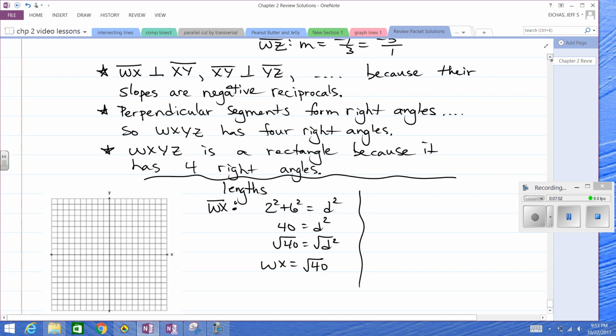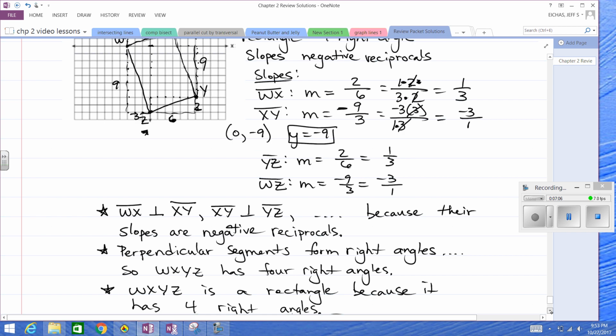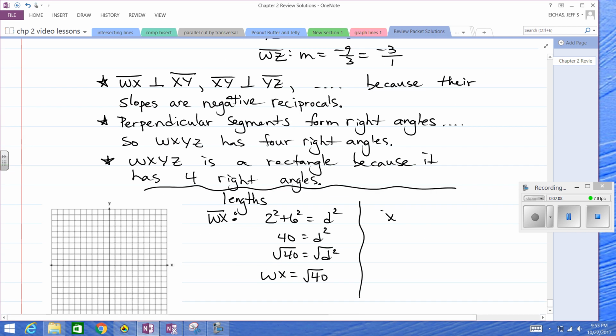All right. Now we kind of have to do this for all of them. Okay, next is XY. That one had 3 squared plus 9 squared. No, wait a minute. That's 90. 81 plus 9, 90. Okay. So square root both sides, and it doesn't work out nice, but we do know it's the segment square root of 90. Okay.